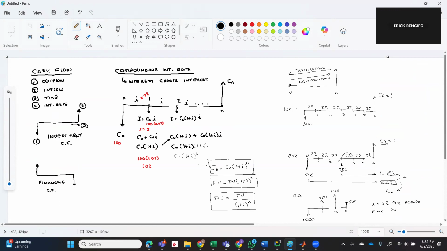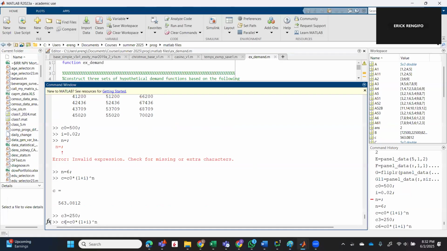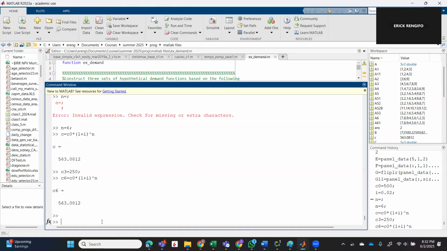I have 1, 2, and 3. Do you agree? Yes. Let's call it C63. These are names only, guys.